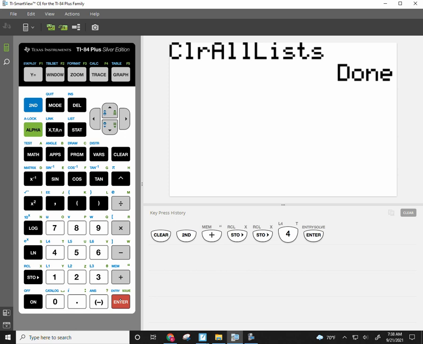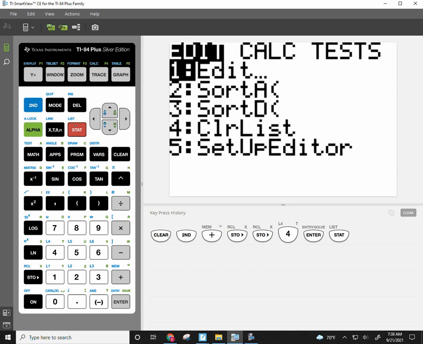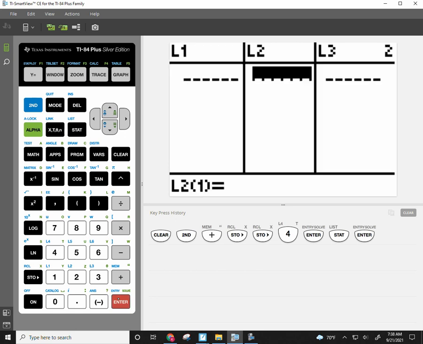Now we want to go to stat, which should be in your second row, about the third button over, and we want to edit our lists, so hit enter. Before we start, does everybody have L1 and L2? Sometimes they get deleted.